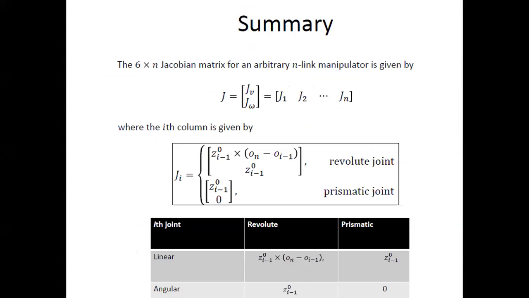For the revolute joint, what is the Jacobian? Because if we have this revolute joint in the wrist, we have z_{i-1} times (o_n minus o_{i-1}) and z_{i-1}.